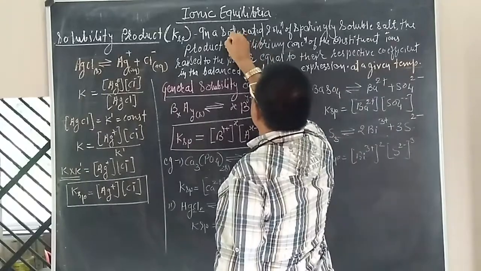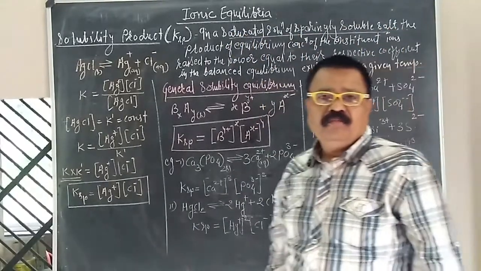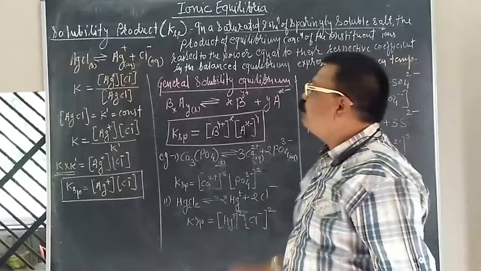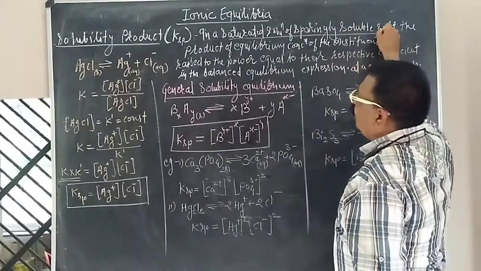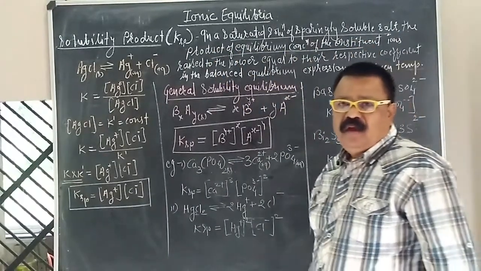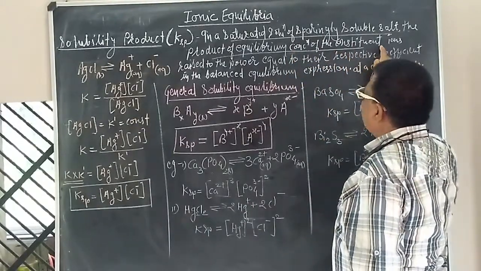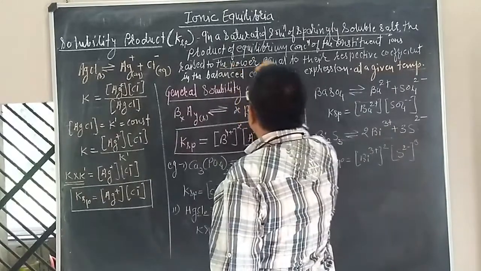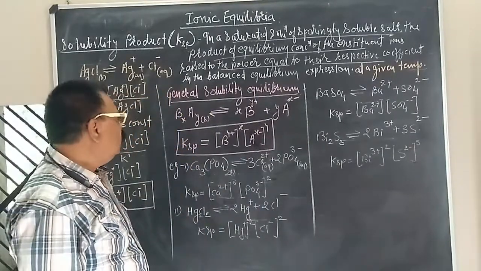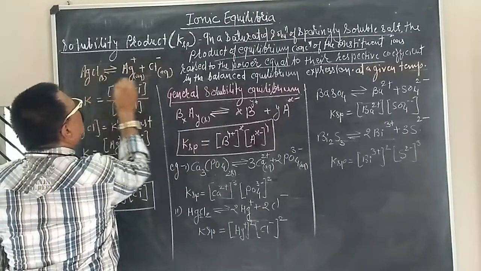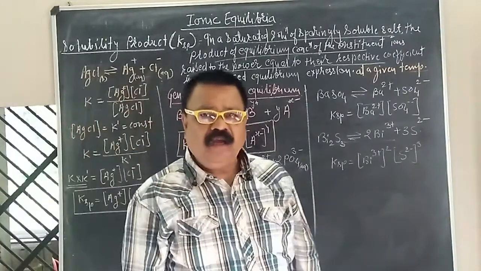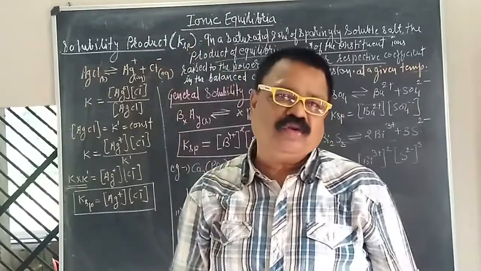देखिए, in a saturated solution of the sparingly soluble salt, the product of the equilibrium concentration of the constituent ions raised to the power equal to their respective coefficients. यानी इसका मतलब क्या होता है, देखिए, if I take the sparingly soluble salt silver chloride, when it dissolves inside the water, it gets dissociated, but a very small amount of the silver chloride will be dissociated.